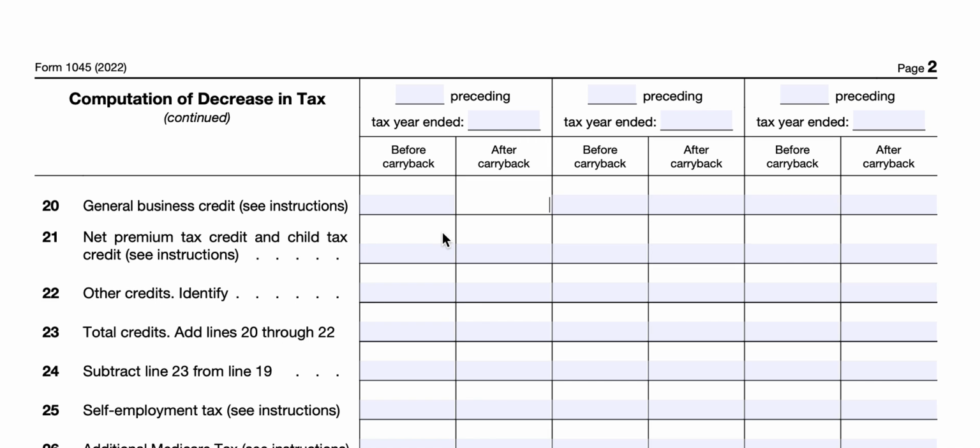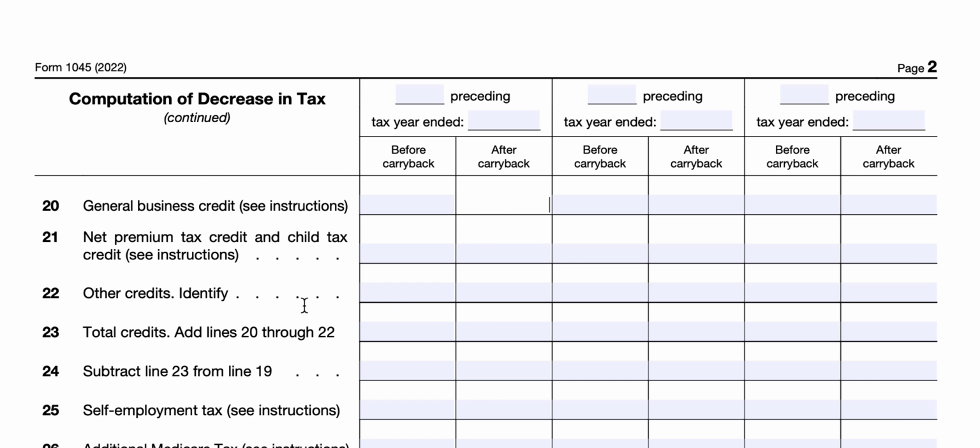And then after carryback, you'll enter the new recalculated tax credit for either 19, 20, or 21. You can include child tax credits on line 21, but refer to the form instructions for that particular carryback year if you need to do any recalculations.